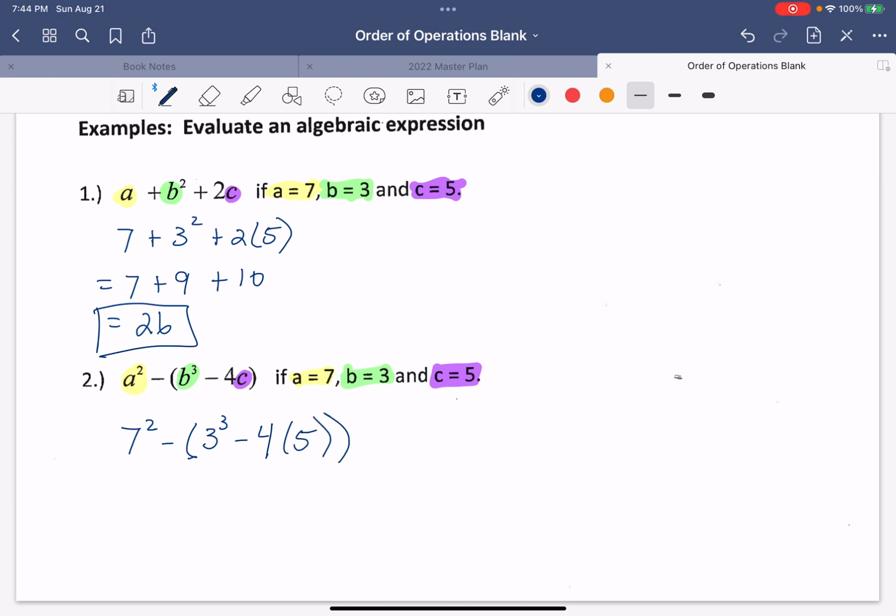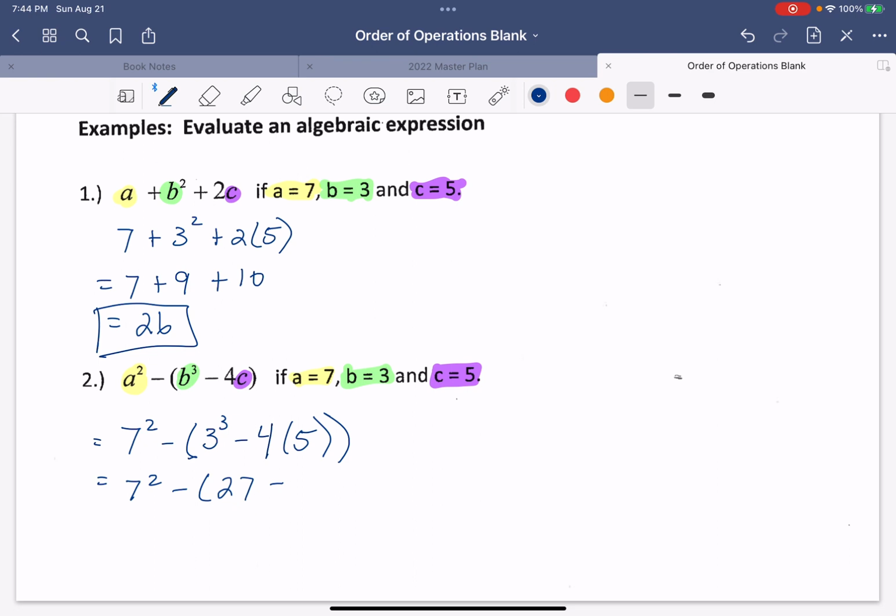Okay, let's see what we get. What should I do first? Well, I'm seeing parentheses, so let's do our parentheses first. We've got several things going on in our parentheses, but I see the exponent comes first inside the parentheses. So let's do that. 3 times 3 times 3 is 27.